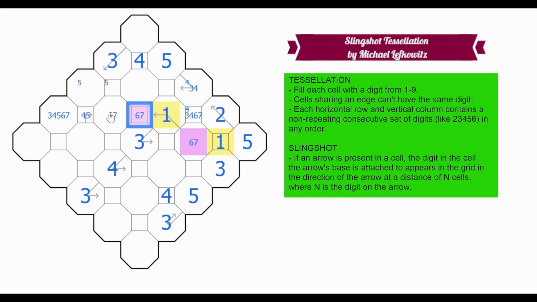And okay, that's a 6, 7 pair. So you can take 6, 7 out of both of these cells. That's a 3, 4 pair now. You can remove the corner marks of that. So 3, 4, 5. So to complete the consecutive set, we either have 2 and 6, or 6, 7. So this is 2, 6, 7.